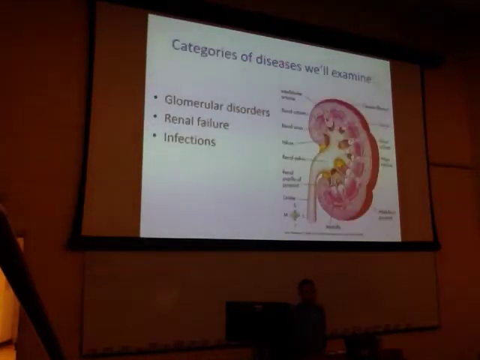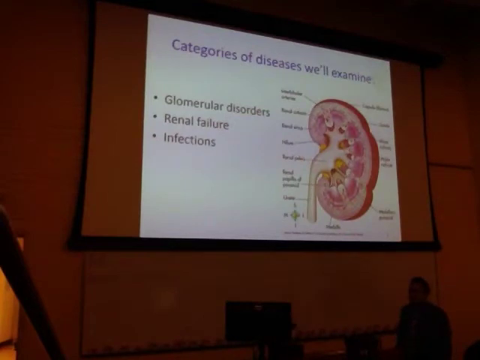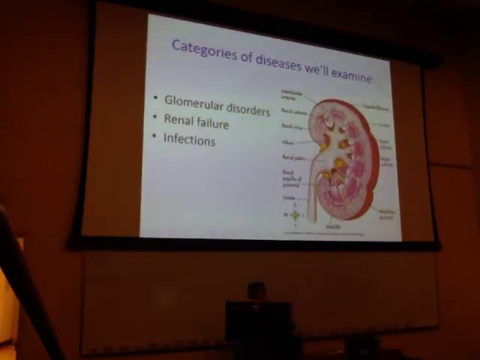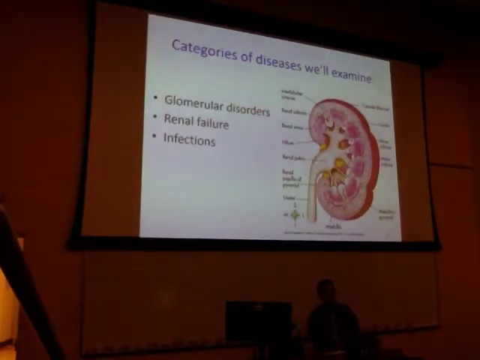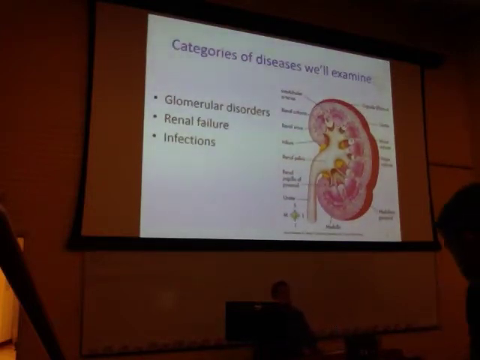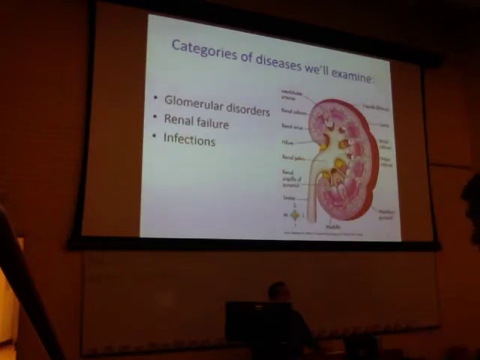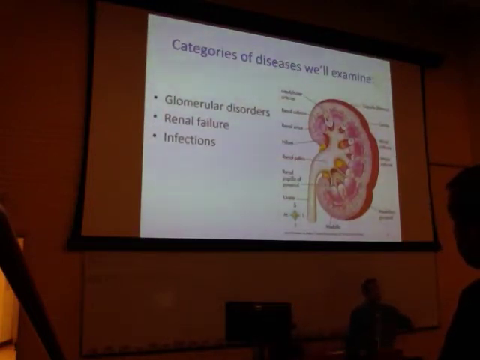If we look at the architecture, this slide should be somewhat familiar to you. We're going to look at some different categories of diseases. And of course, those diseases are going to be based upon the location that they take place in. So we'll look at some glomerular disorders, which obviously is at the level of the glomerulus. We'll look at renal failure, which involves the entire kidney. And we'll look at various infections that can take place. And those infections can happen anywhere throughout the urinary system.